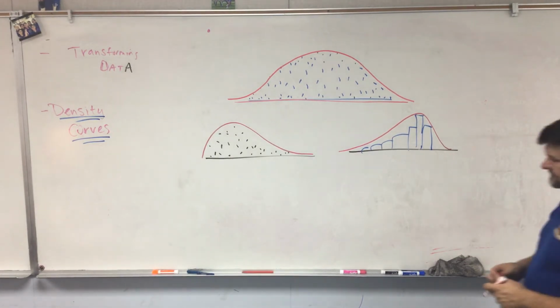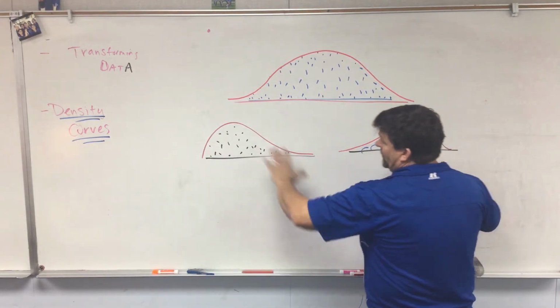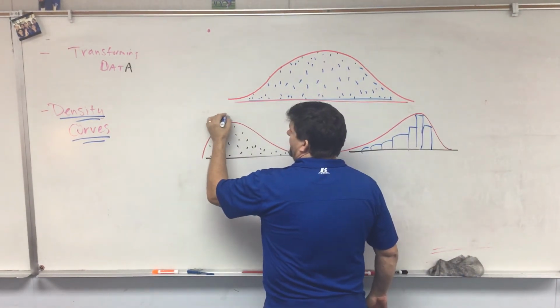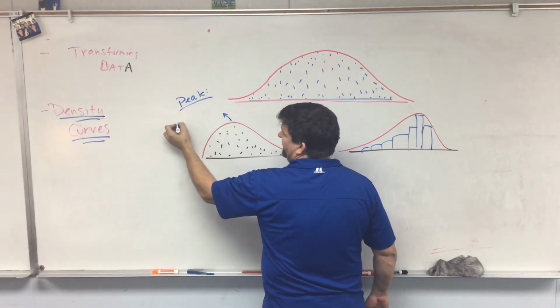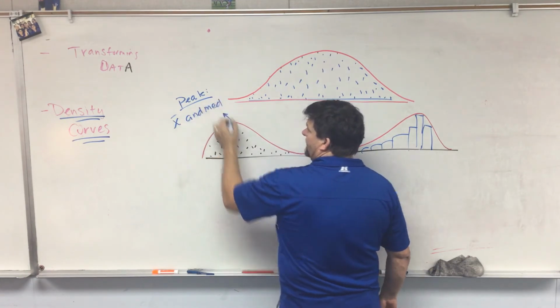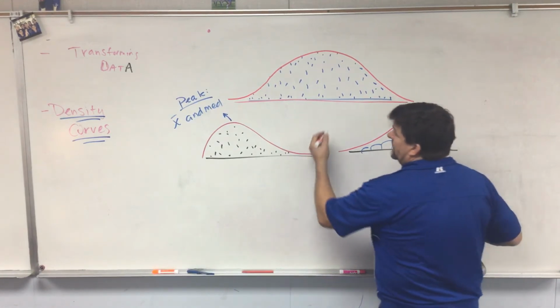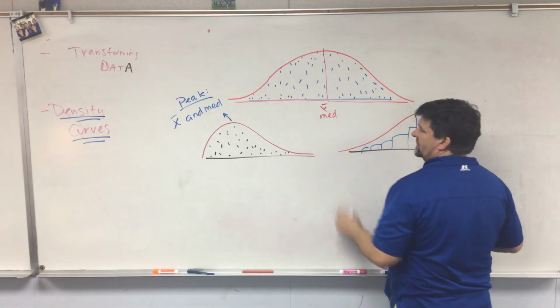Now, a couple of features of why we draw the curve. Number one, the peak helps us find X bar and the median. Remember, on these, X bar and the median are usually pretty close together.